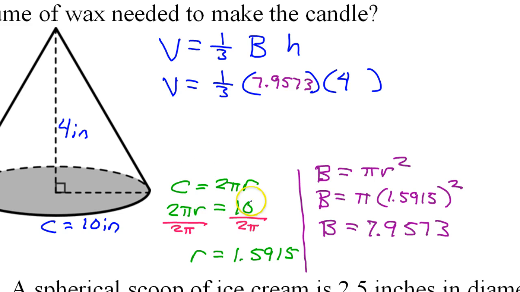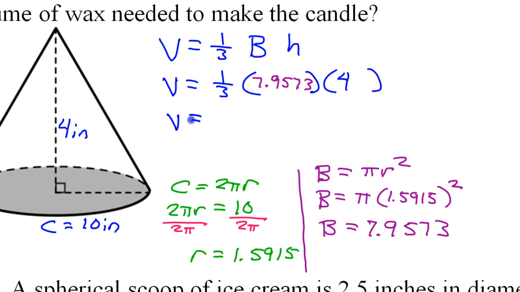So this is really like 3 problems in one. Okay, we're doing volume, but to do that we had to find the radius so that we could find the area of the base. So this is like a 3-stage problem.